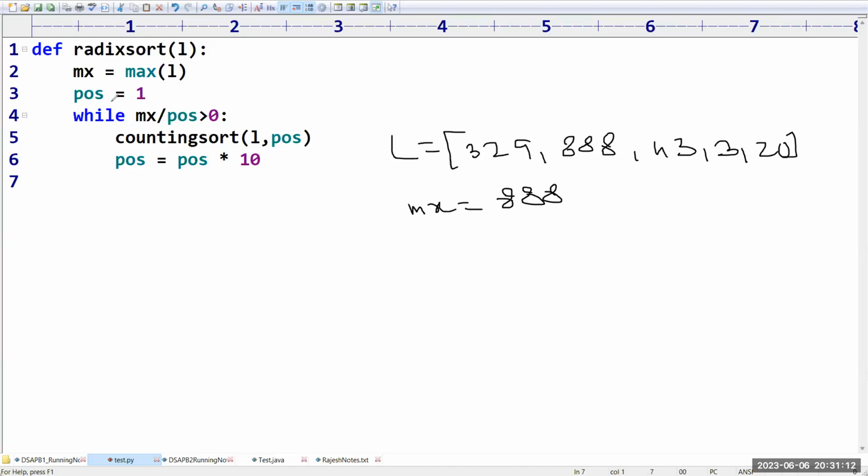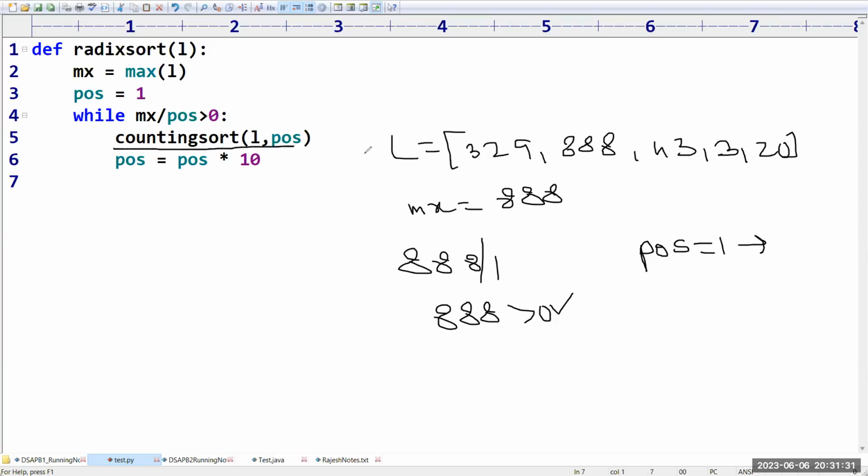Now position is equal to 1, the unit position. So I divide 888 by position. What output do we get? 888. Is it greater than 0? Yes. Then perform counting sort based on this position.